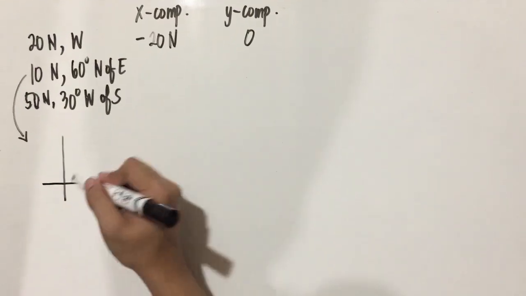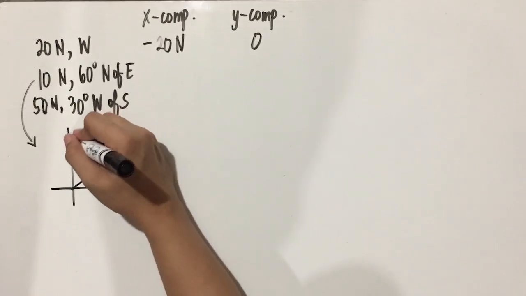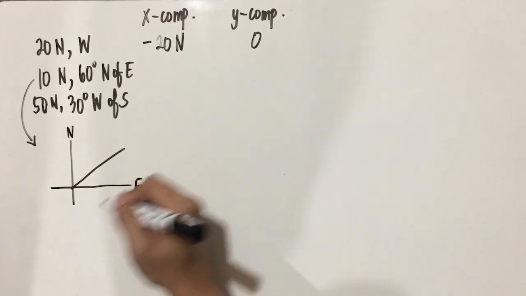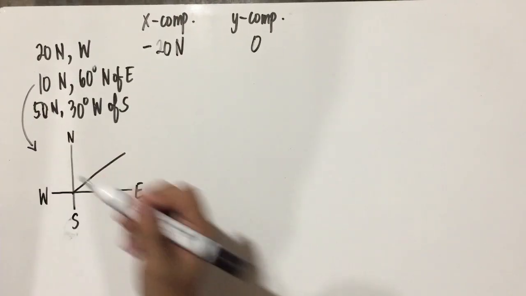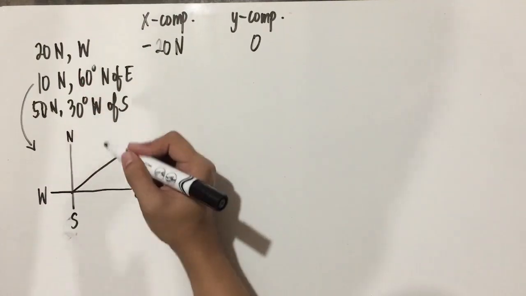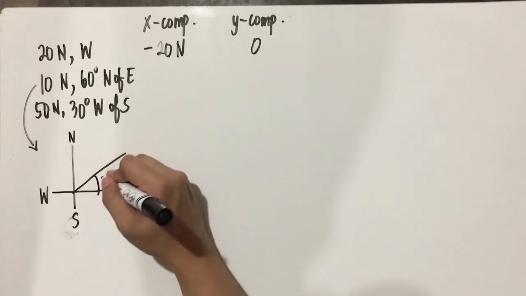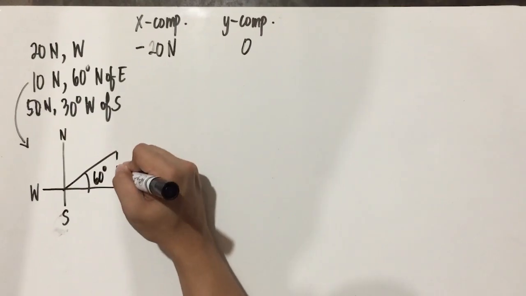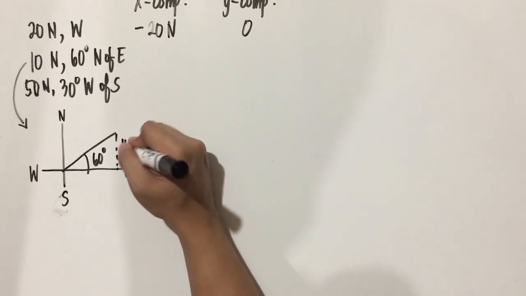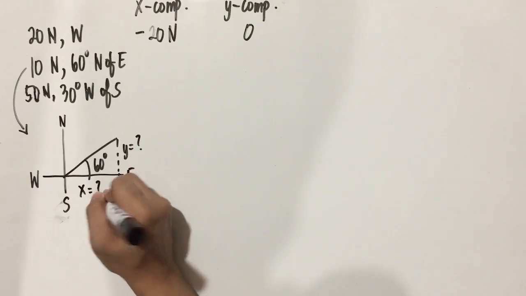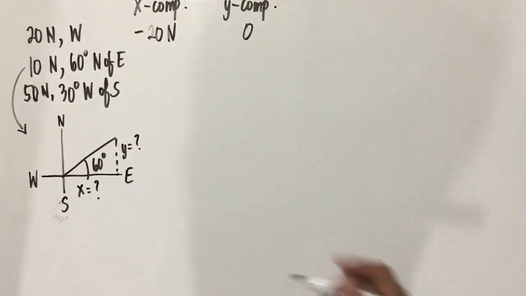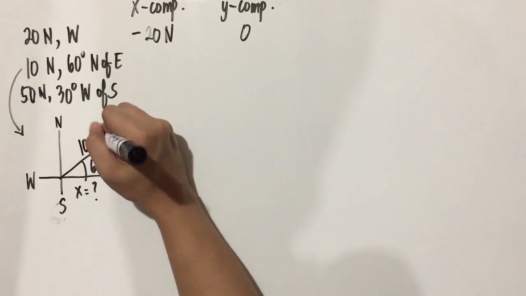So we have to draw a Cartesian plane, and that is found in the first quadrant, north, east, south, and west. Okay, so 10 newtons is the value of the magnitude, 60 degrees is for the direction. So that is the y component and x component, and we don't know yet the values for those components.